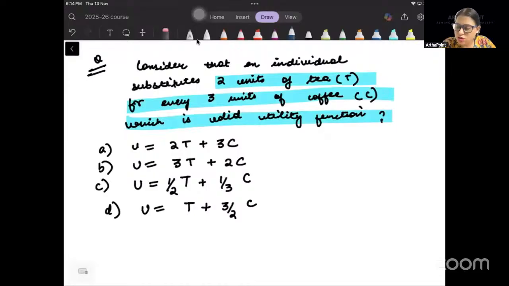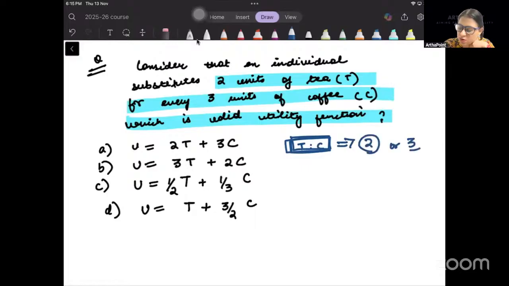So I want that the substitution between tea and coffee should be either I consume 2 tea or I go for 3 coffee, right?